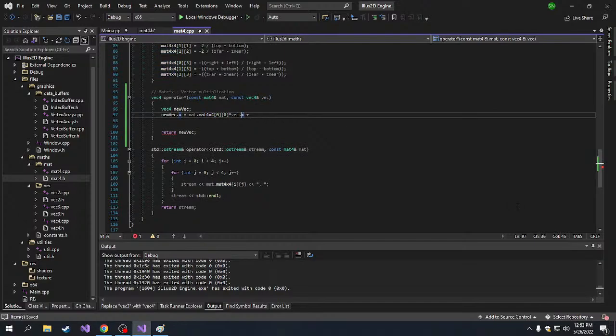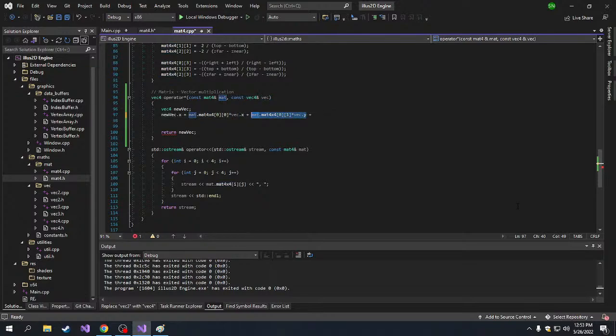Okay, so vector.x plus, we'll do mat 4 times 4, so the second element times vector y plus, we'll do, I can just copy and paste it.